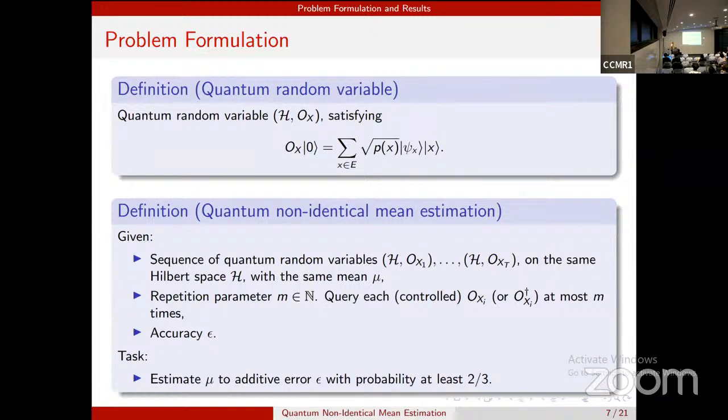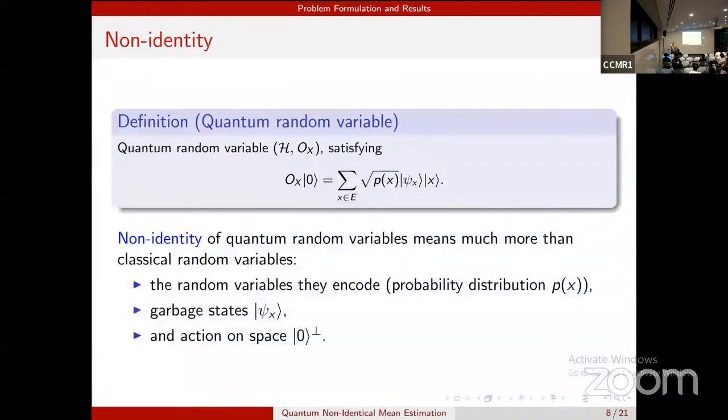So let's dig a little deeper into these definitions. In this quantum non-identical mean estimation problem, the only constraint we put on those random variables is that they should have the same mean mu. However, the quantum random variable is a unitary, so it contains much information. We will see that the non-identity of quantum random variables means much more than for classical random variables.